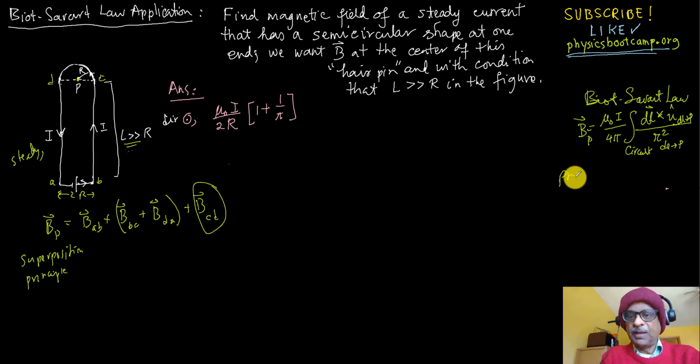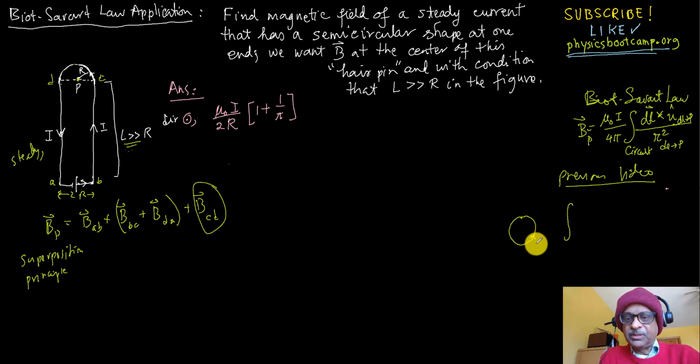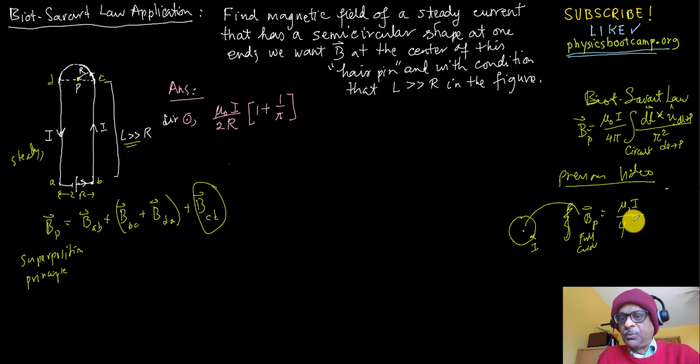In a previous video, we did it for the full circle, where I need to do this integral, and from there the B at P for the full circle is equal to mu naught I over 4 radius.